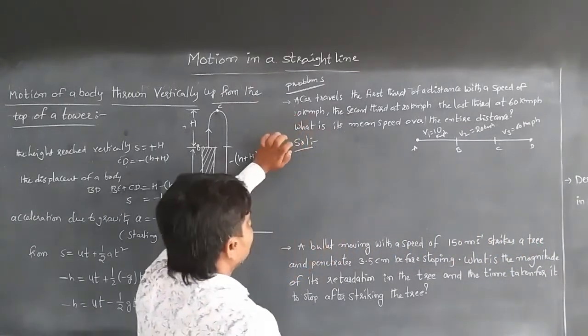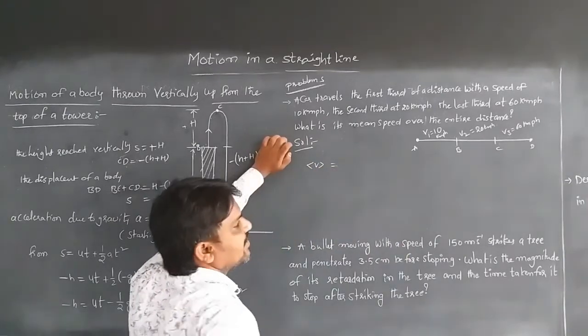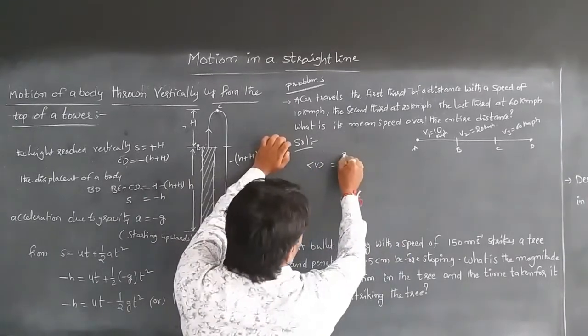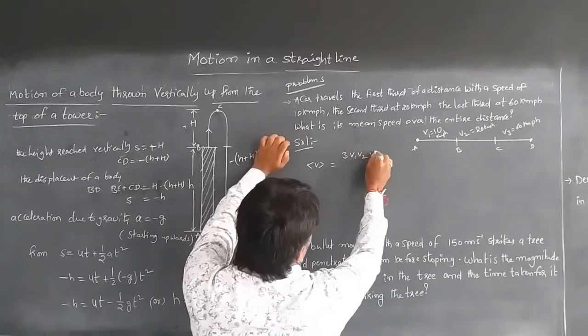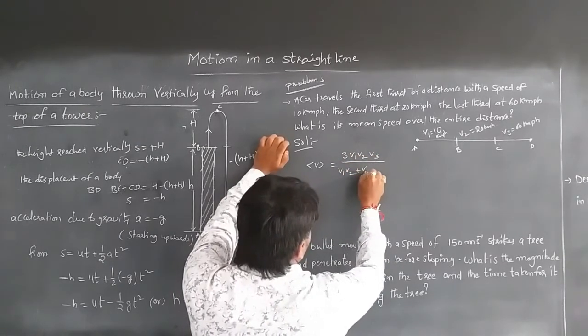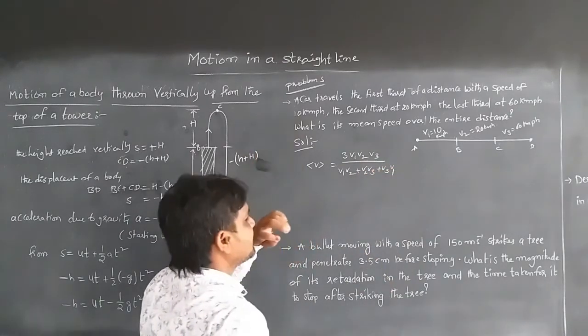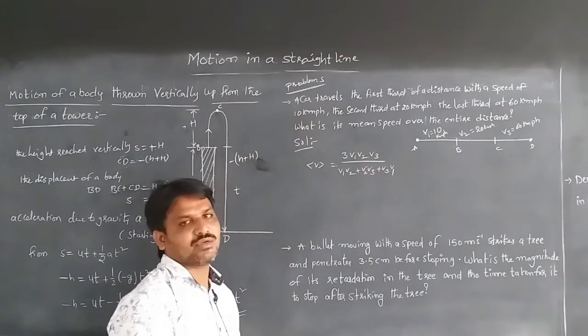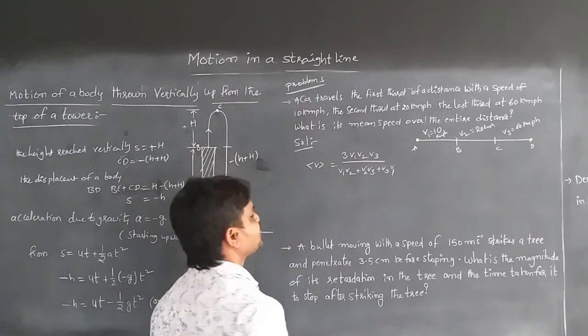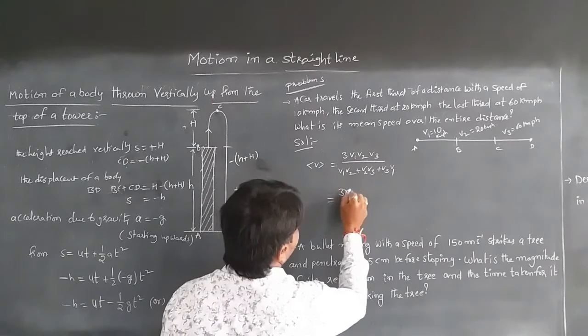From the relation, whenever the 3 velocities are given, the average velocity equation is 3 v1 v2 v3 by v1 v2 plus v2 v3 plus v3 v1. This is the relation we have. We already discussed this one. So that is 3 into v1, which is 10.